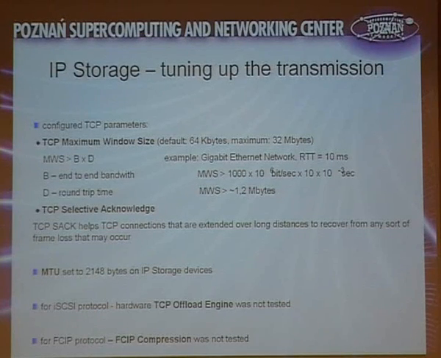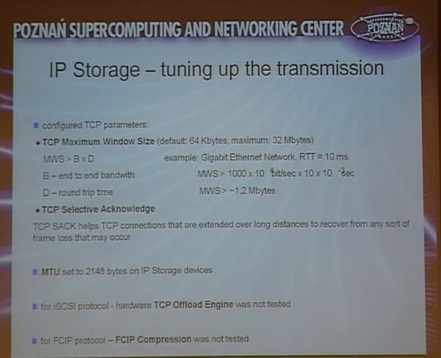During our test, we have changed the configuration of our backbone network. We have enabled jumbo frames on our network switches on the testing path, and we have changed the maximum transmission unit on IP storage devices to 2148 bytes.